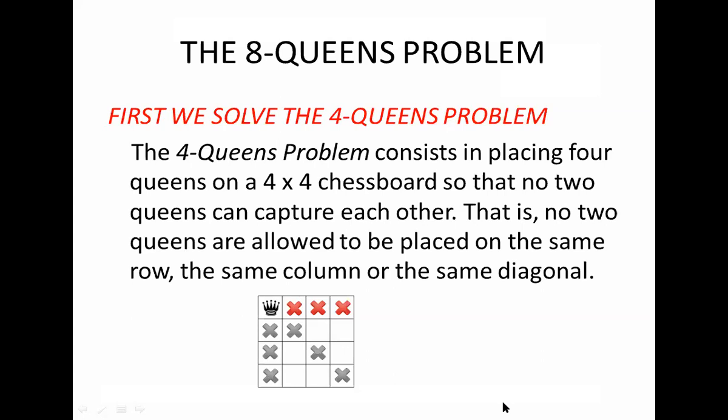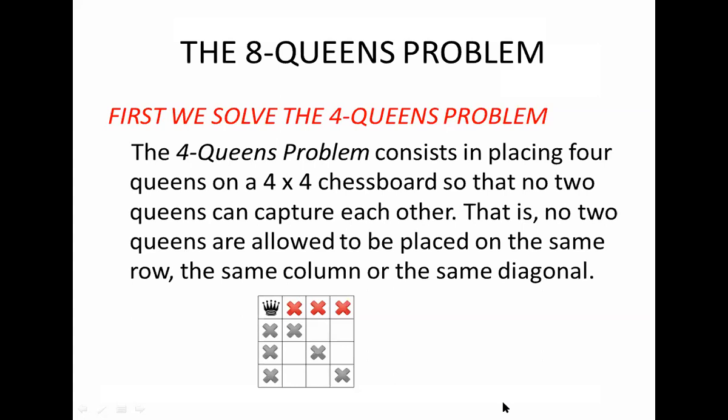The 4 queens problem is nothing but placing 4 queens on a 4x4 chessboard. You have to place the 4 queens on a 4x4 chessboard. So that is the problem.